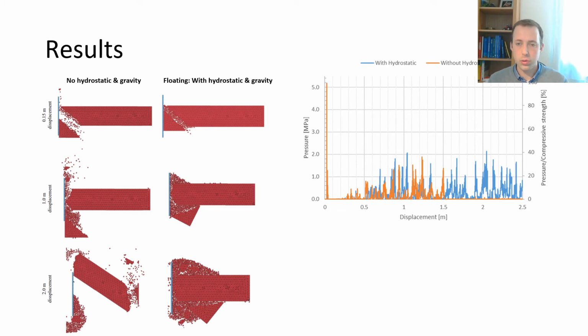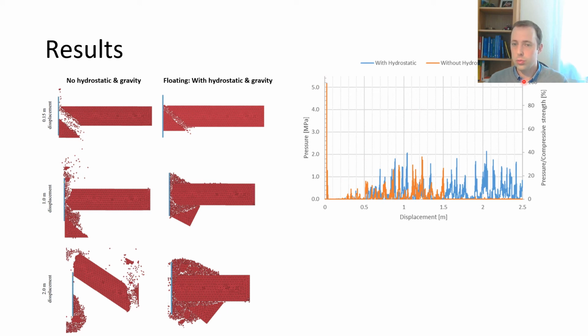So also some comparison of the pressures for both simulations. In blue you see the floating scenario, and in orange the non-floating without hydrostatic. In the first stage, the first impact for the ideal flat scenario, there are no differences for both simulations.